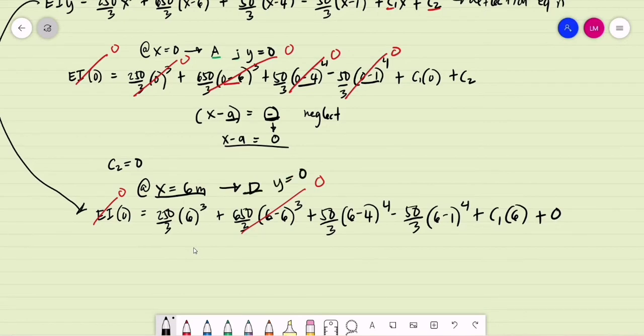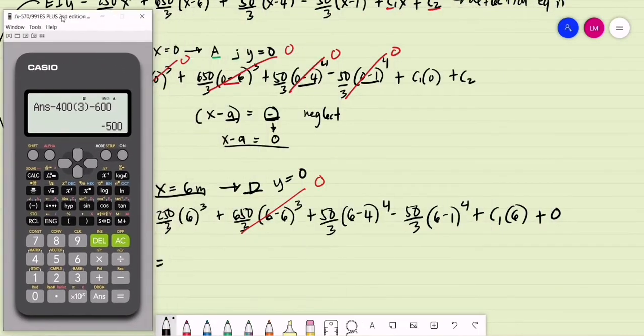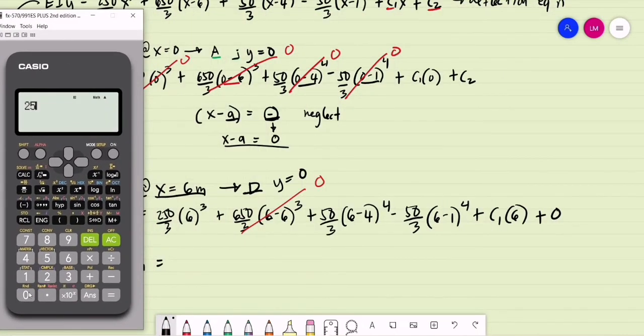The value of y or the deflection is equal to 0. So computing for the value of c sub 1, we have that as 250 over 3, this is multiplied by 6, plus the 50 over 3, this is multiplied by 6 minus 4 raised to 4.